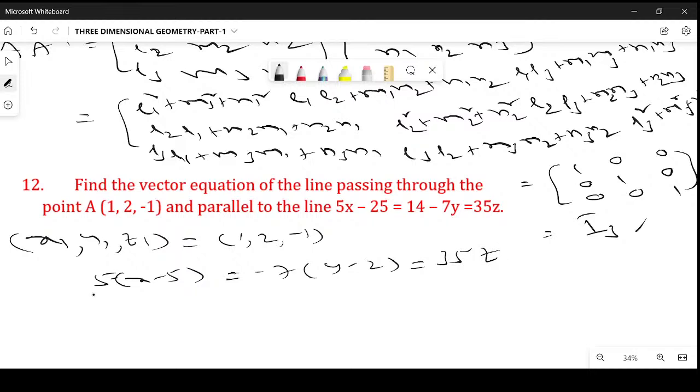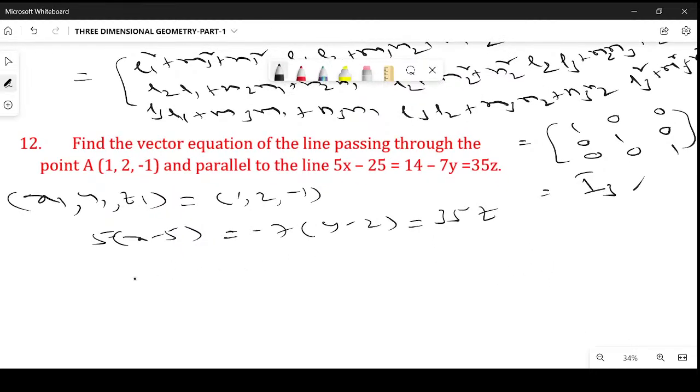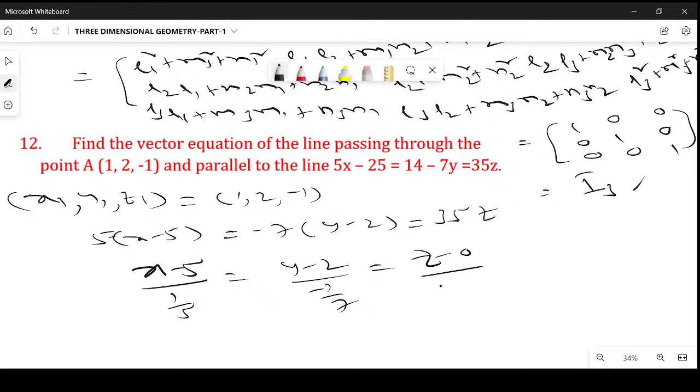So I can rearrange this like this: x minus 5 by 1 by 5 and y minus 2 by minus 1 by 7. I can write z minus 0 by 1 by 35. If you write like this, you can say this is the given equation.